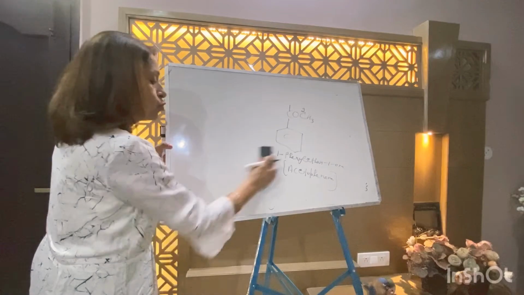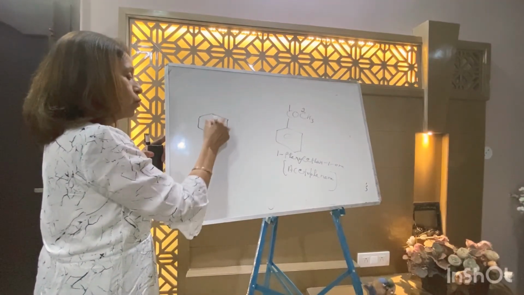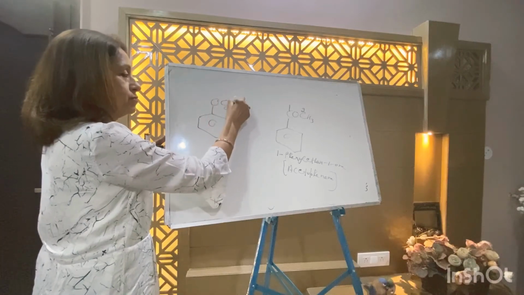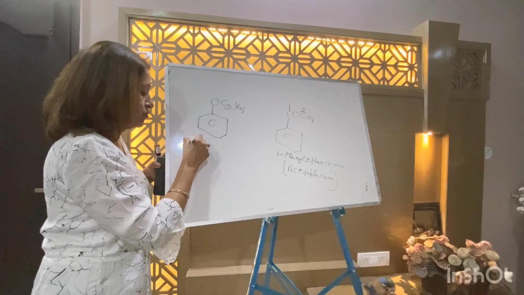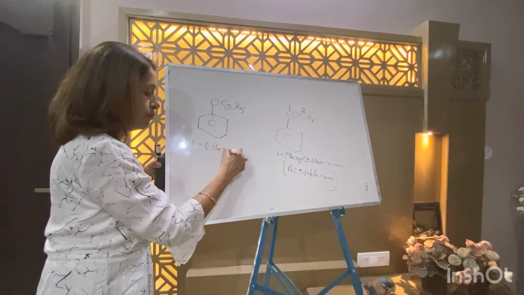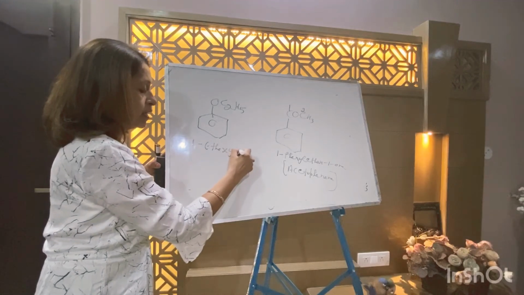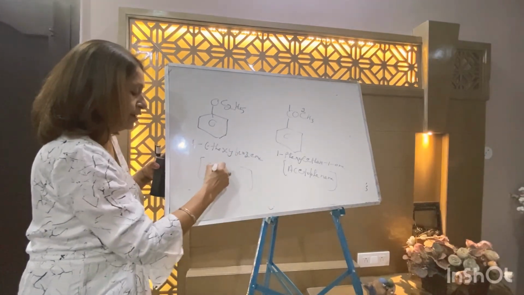Again write benzene OC2H5. So what is this? It's a 1-ethoxy benzene. And write down its common name is phenetole.